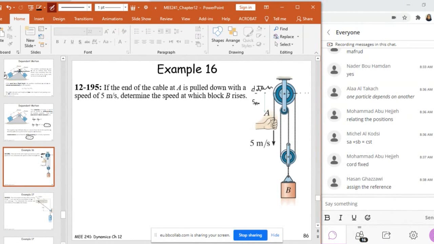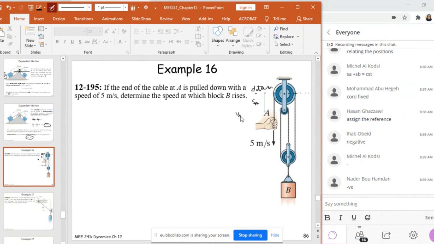Okay, so I know that VA is 5 meters per second, and as a matter of fact, is this VA positive or negative? Guys, is this VA positive or negative? No answer? Ihab is saying negative, as well as Michelle.